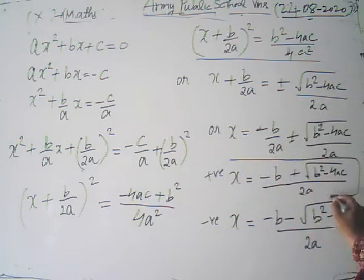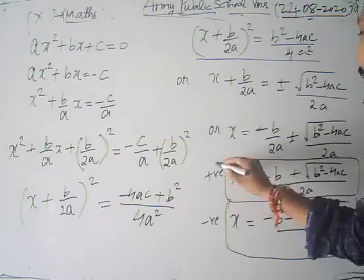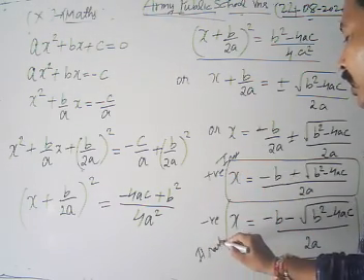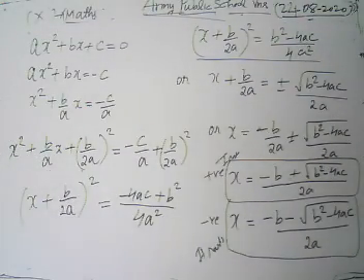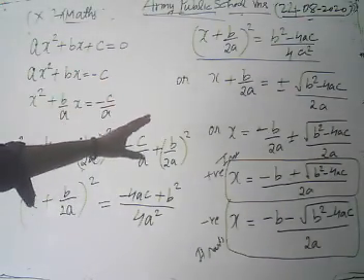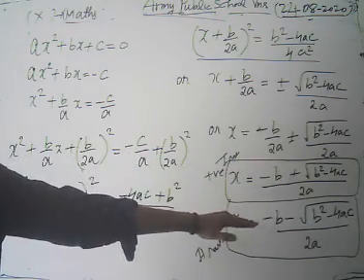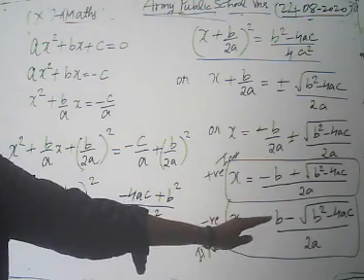This is our quadratic formula. This gives our first root, and this gives our second root. Look, what we have discussed today is our quadratic formula. This is called our quadratic formula. From here we get our first root with the positive sign, and when we use the negative sign, we get our second root.